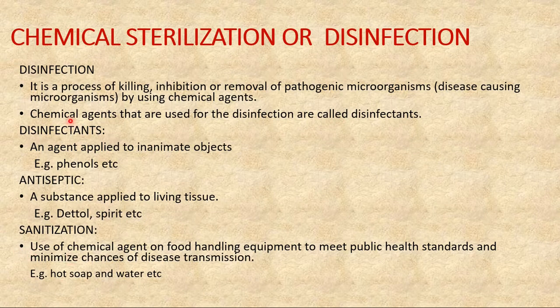So here you have to remember three headings: disinfection, sanitization, and antisepsis. Disinfectants are used on inanimate objects, antiseptic agents majorly on living tissues, and sanitizers on food handling equipment and surfaces to minimize the chances of disease transmission.